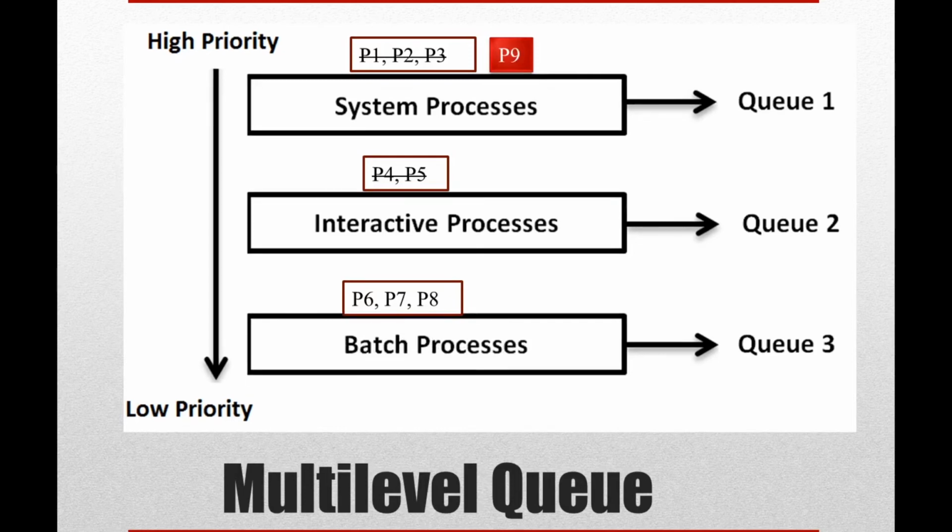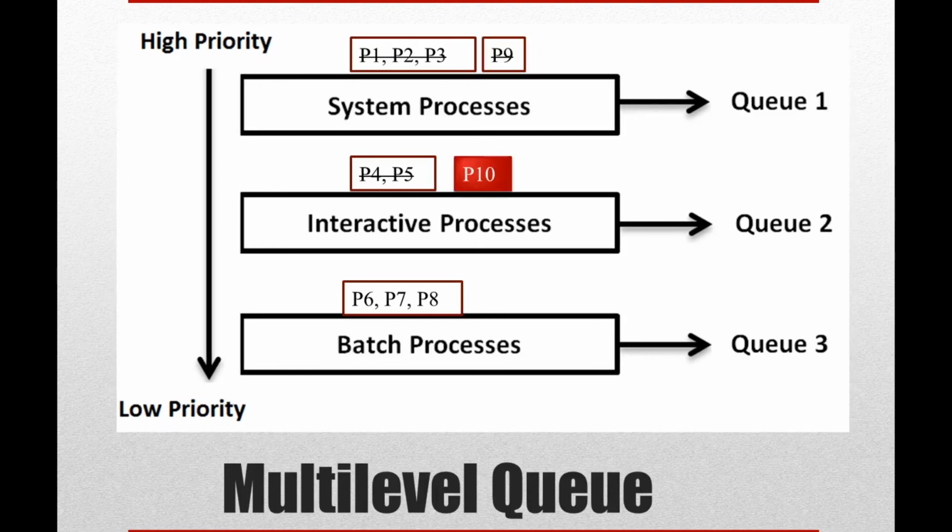What multilevel queue will do is execute that first, which in this example is P9, before it proceeds to the lower queue. And when another process enters the interactive processes, which is P10 here, again, it will still execute that first before going down to the lower priority.